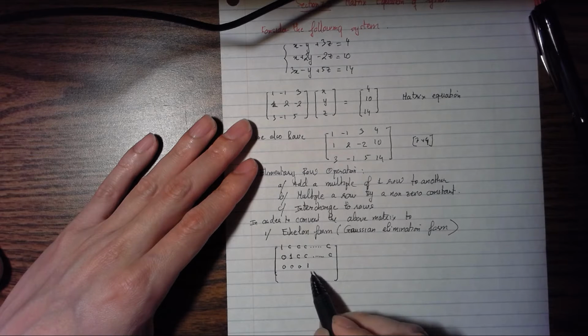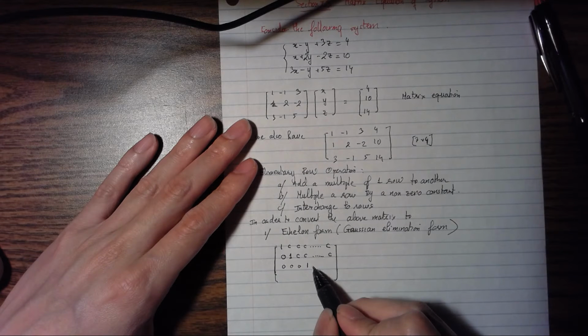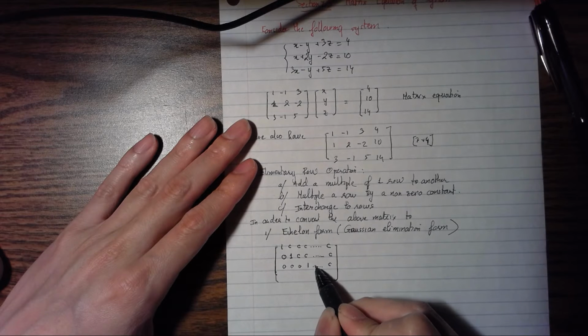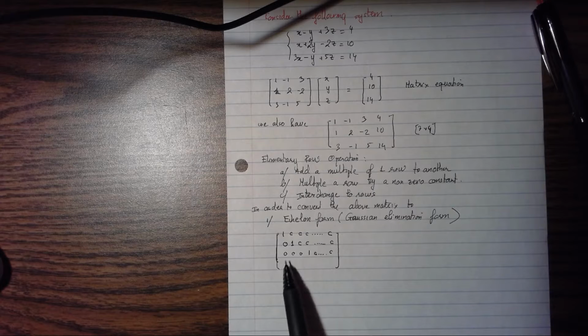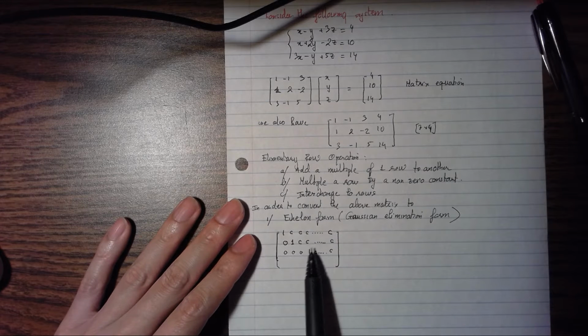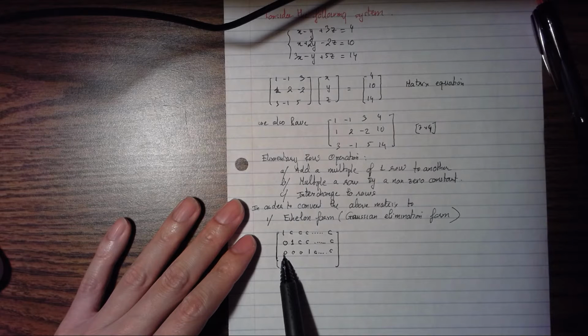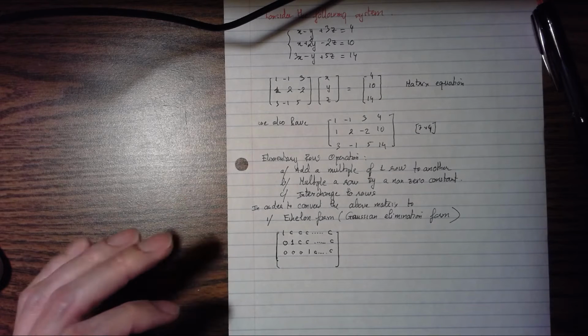You see that I can have 1 over here, and over here is a number. The non-zero leading entry is always 1, and it's always to the right of the non-zero leading entry of the previous row. It cannot be 1 here.